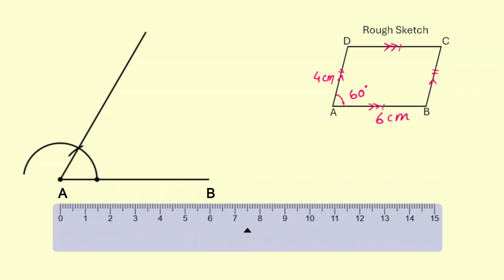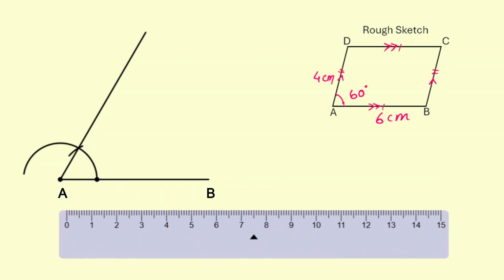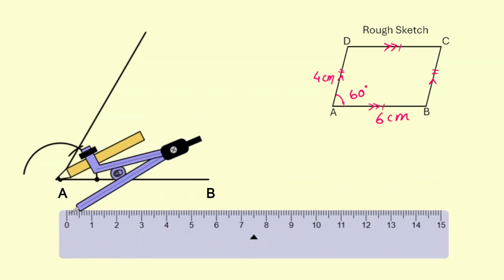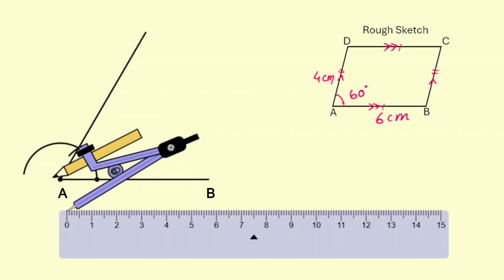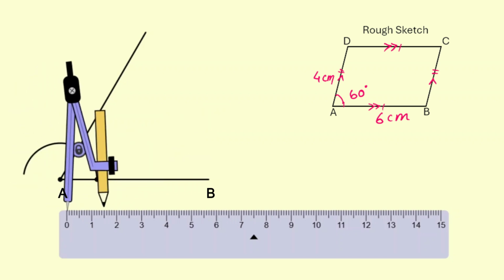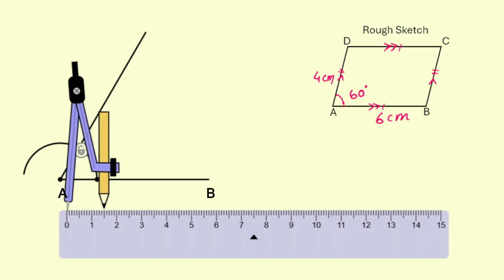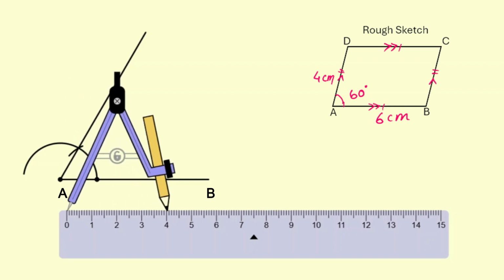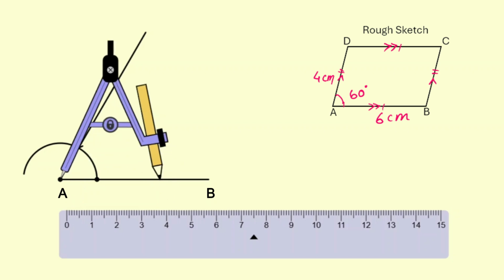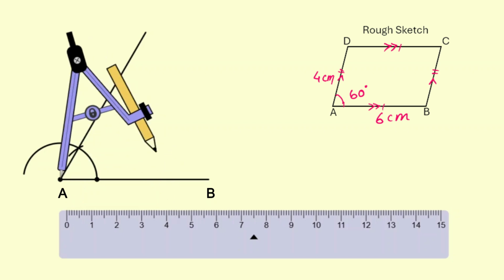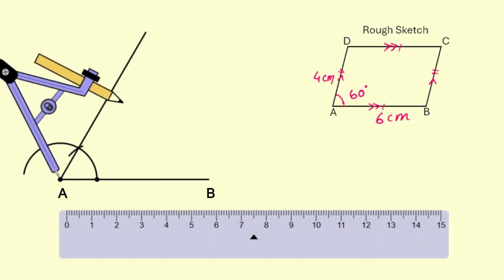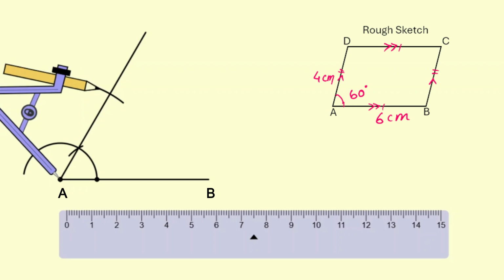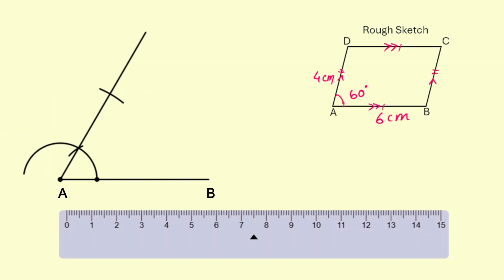Still we don't know the point D, but we know that line segment AD is 4 cm in length. So let me make 4 cm in my compass using my ruler. This is 4 cm arc radius. Now I'll put my compass at point A and cut this line segment, which is 4 centimeter in length.